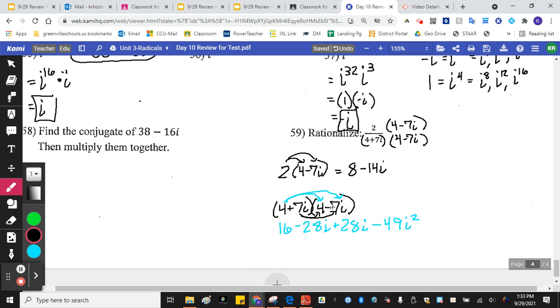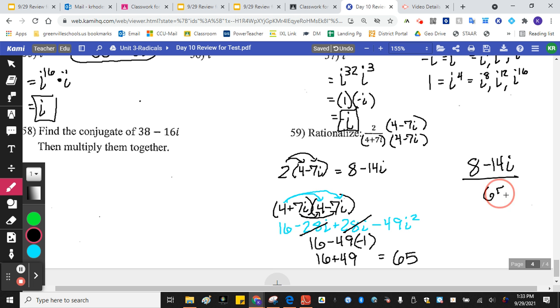With the complex conjugate, your middle numbers should always cancel out. i squared is negative 1. So that's just 16 plus 49, 65. So that's the bottom. So we have 8 minus 14i on top and 65 on bottom.